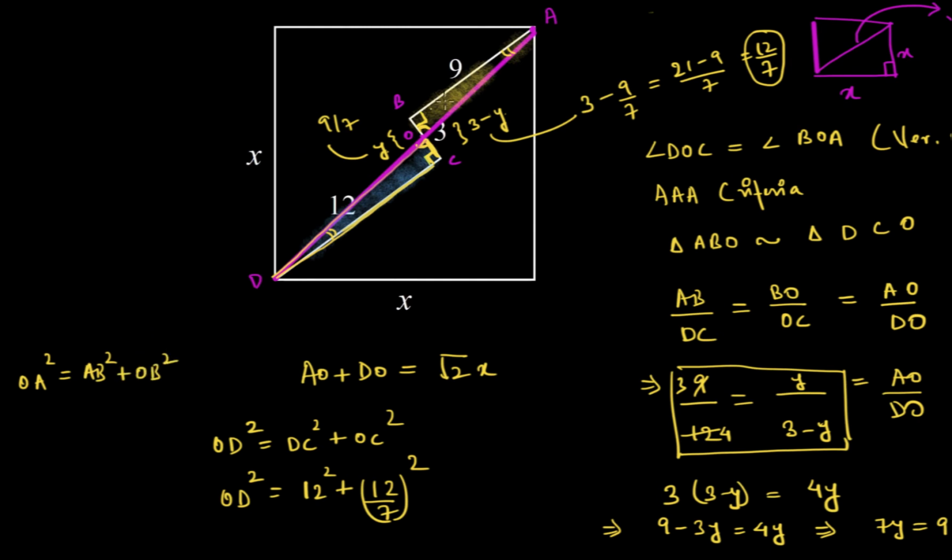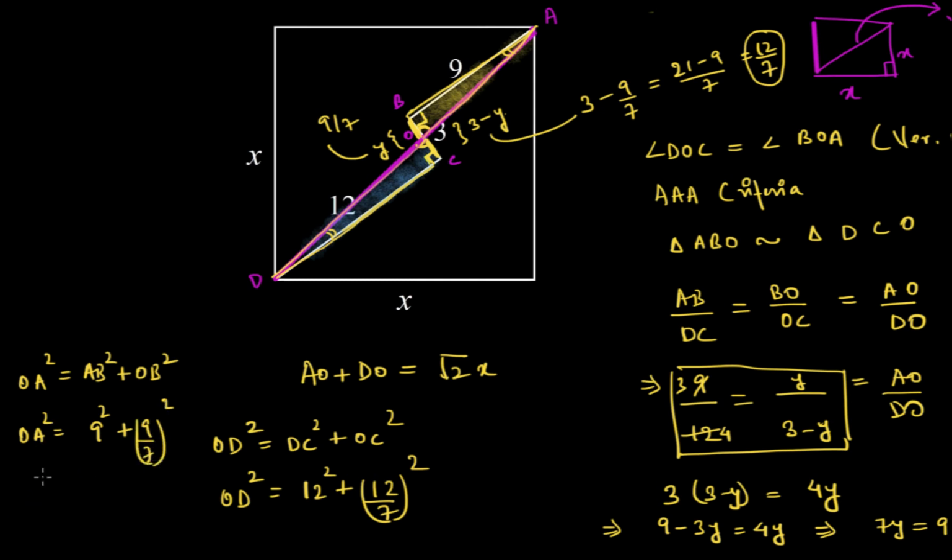Again, using Pythagoras theorem, OA square is equal to AB square, this perpendicular AB square, plus this base OB square. So OA square is equal to, the length of AB is 9 units, so 9 square, plus OB, the length of OB is 9 by 7, so 9 upon 7 whole square.